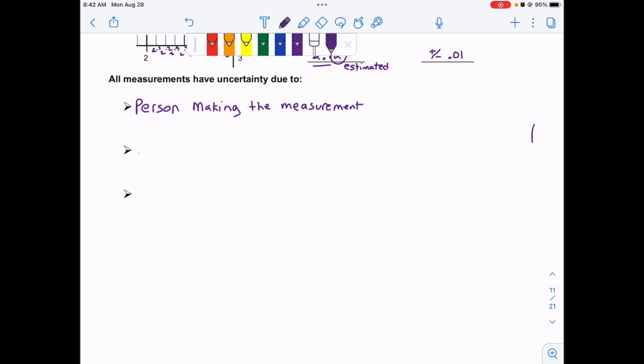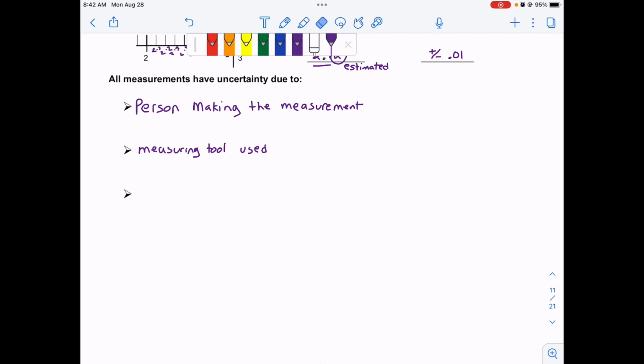The next thing is the tool being used. Some of my meter sticks have harder to read edges. The ends are kind of rounded in some places, so you might be starting at a different zero. Some rulers have marks to the 1/8 of an inch.